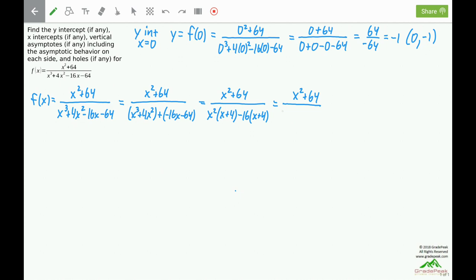And now the x plus 4s can factor out, leaving behind an x squared minus 16, which itself is a difference of squares, and so further factors. We have an x plus 4, and then the factorization of x squared minus 16 will be x plus 4 times x minus 4.